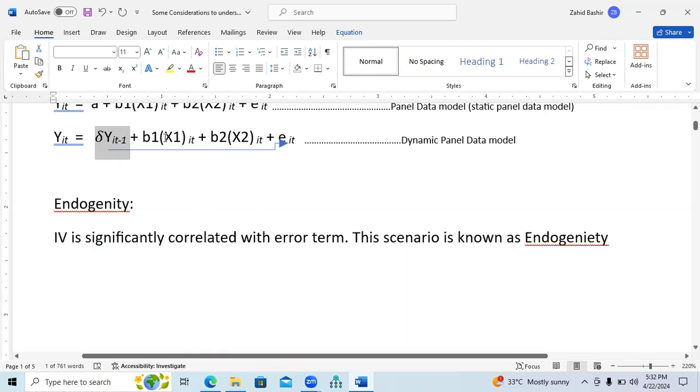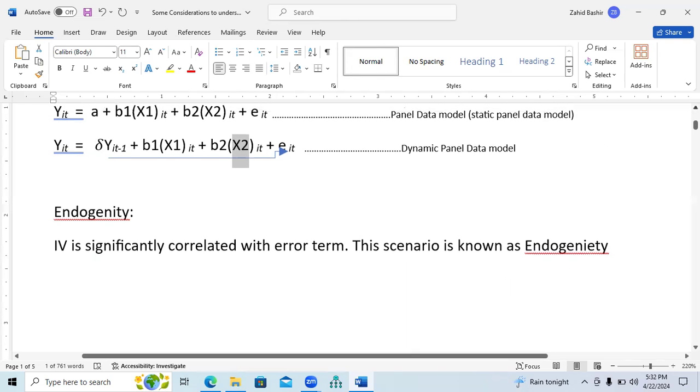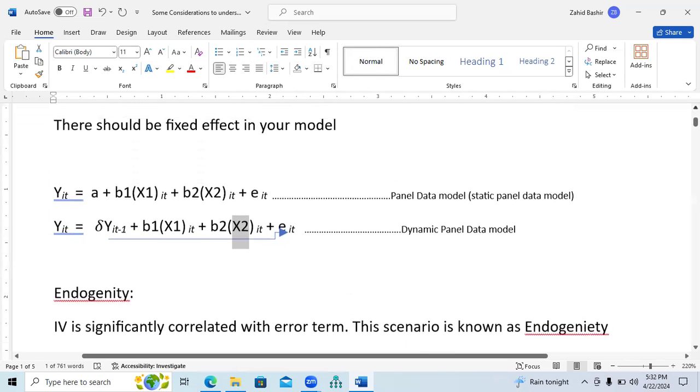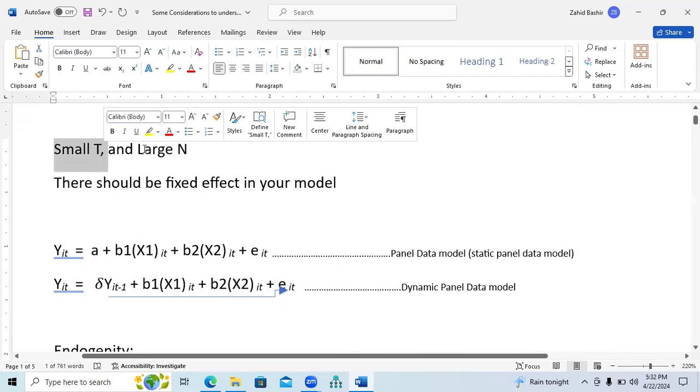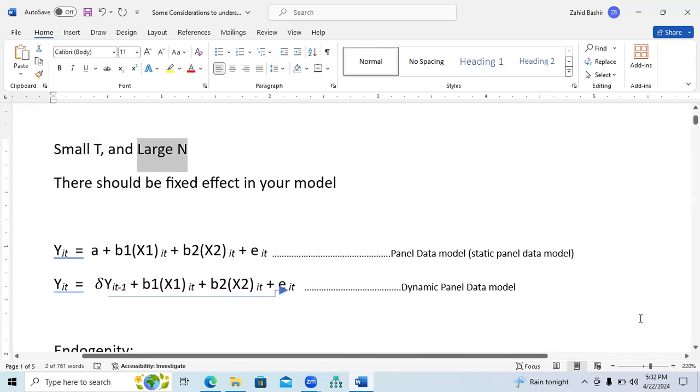Although we can also assume that maybe x1 or x2, maybe any one of them or maybe both of them, may also be correlated with the error term. That condition would also be known as endogeneity. So always remember that one of the assumptions in case of dynamic panel would be that your T would be small and your N would be large.